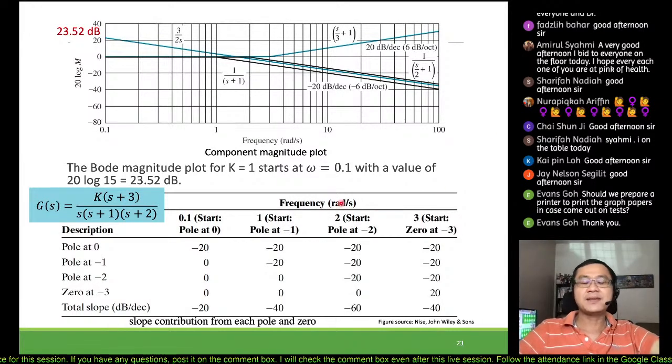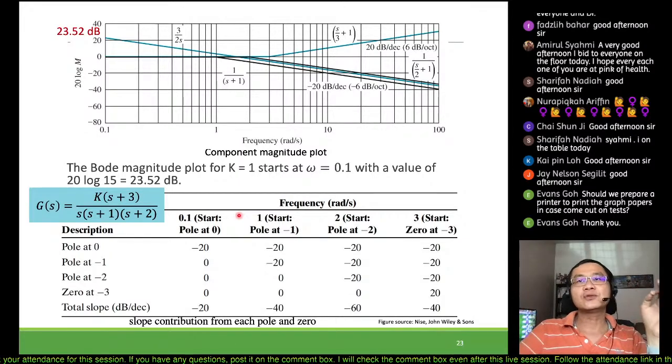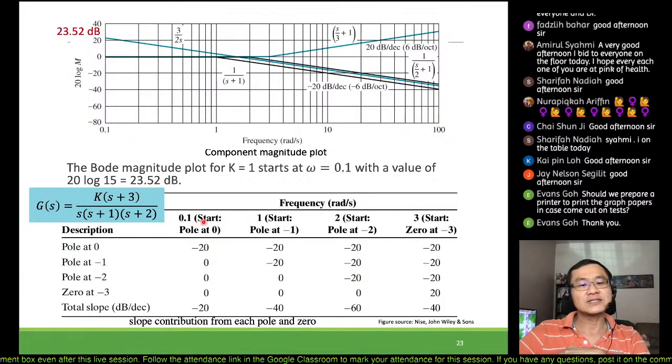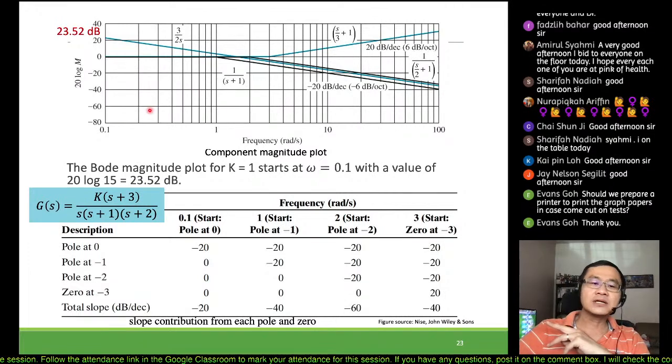And at the same time, you can start to construct this particular table to obtain the slope contributions for every single pole and zero. Since we know that for magnitude, the magnitude only changes when it passes through the so-called break frequency, we just have to identify where the break frequency is. In our curve, we will start at 0.1, so we just put 0.1.